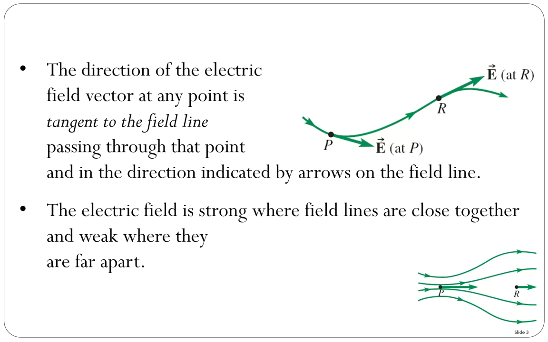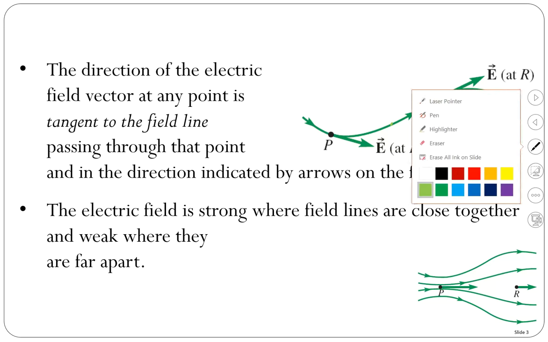And so electric fields can then have funny shapes if you have more than one charge instead of just being radial. Radial meaning going in or out from a point. And at any point on an electric field line, the electric field is tangent to the line. Tangent means in the direction of the line. So at this point right here, okay, I got to change colors because I'm in green, it turns out.